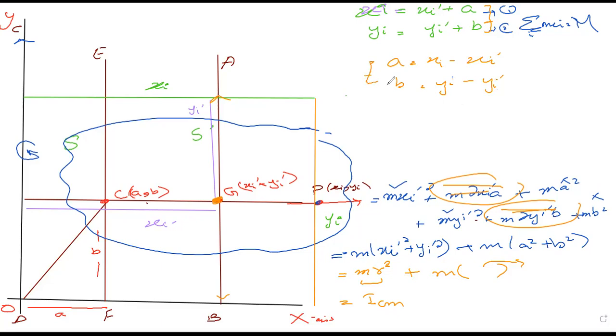What does this show? This shows, as we said in the statement, that the rotational inertia of a body about an axis, which was this axis, is equal to the rotational inertia about a parallel axis through center of mass plus total mass M, which would be this mass M, times the square of the distance between the two axes. Now, what is the distance between these two axes?